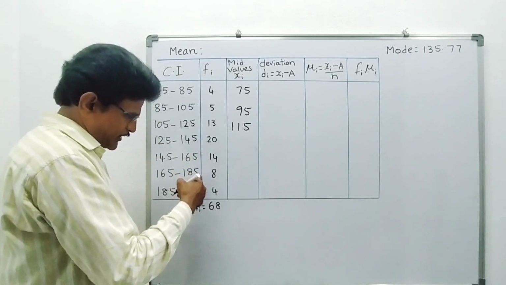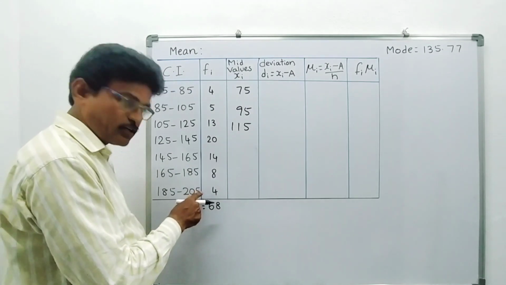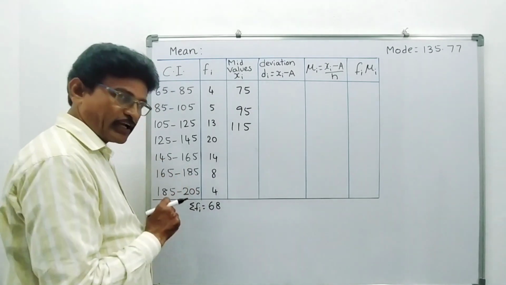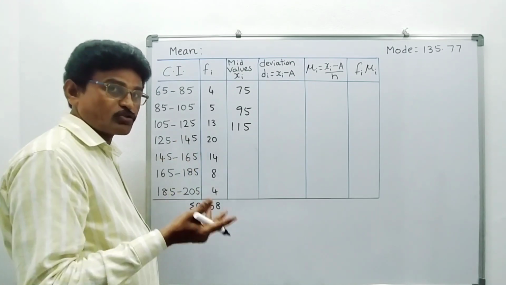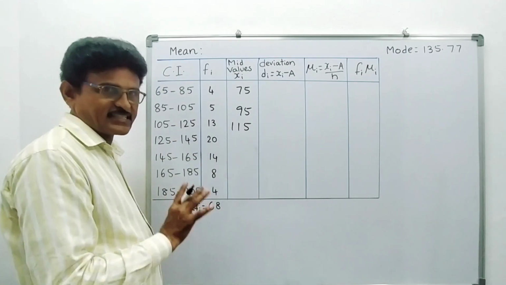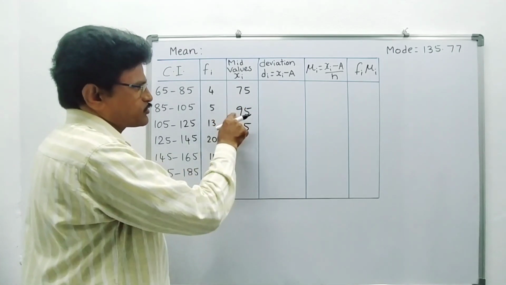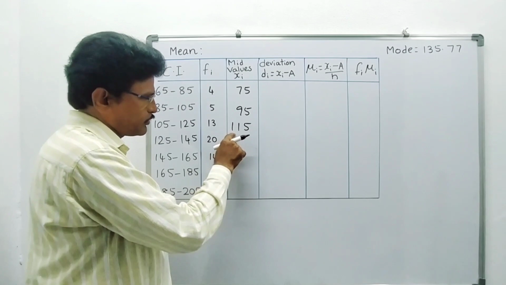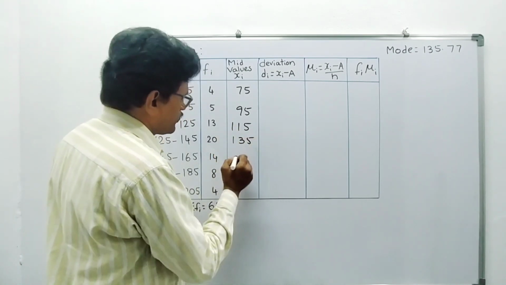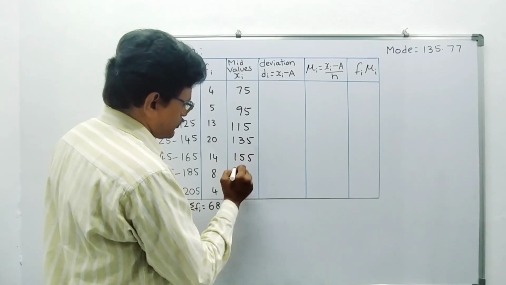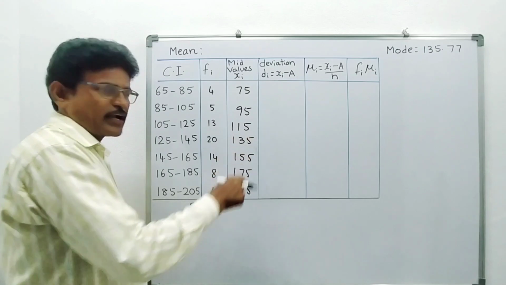Okay, difference of any two successive lower limits or upper limits, if you calculate, you are getting 20. 205 minus 185, 185 minus 165, 165 minus 145, how much are you getting? 20. So that is class size. Okay, h is 20. You have to add 20 here. 75 plus 20, 95 plus 20, 115 plus 20. This is 135. Now this is 155. Now 175. Finally 195. So simply you have to add 20, 20.